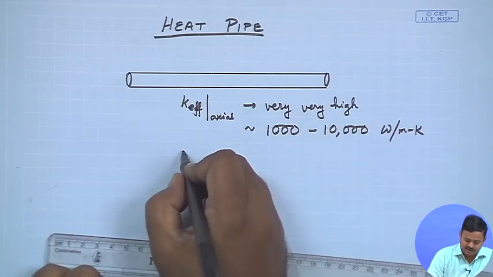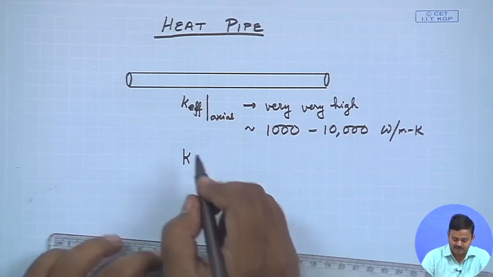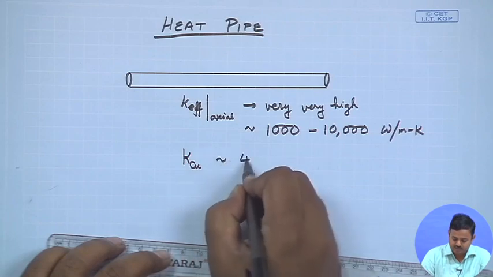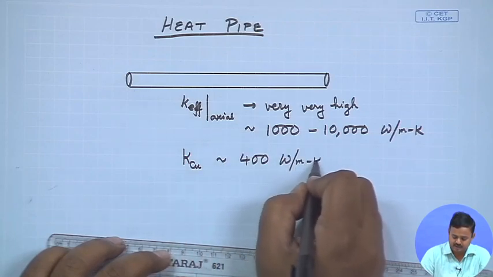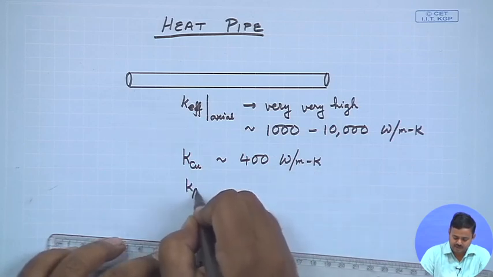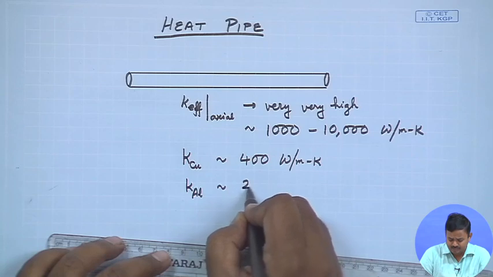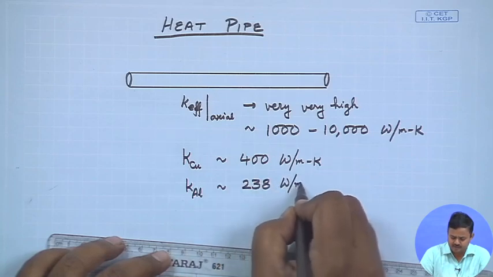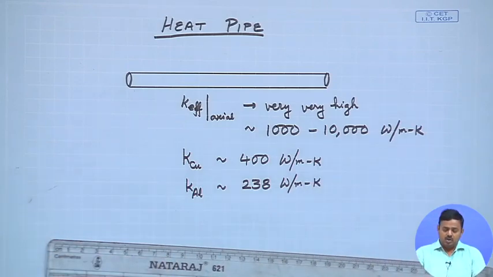Let us see, to compare, copper, which is one of the best thermal conductors that we know of, has a thermal conductivity of around 400 watts per meter Kelvin. Thermal conductivity of pure aluminum, which is also a very good conductor, is around 238 watts per meter Kelvin. Okay. So what does it mean?